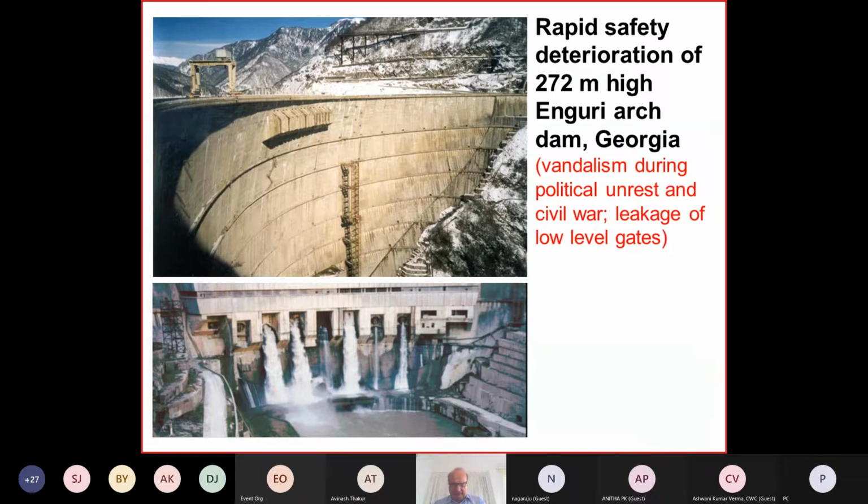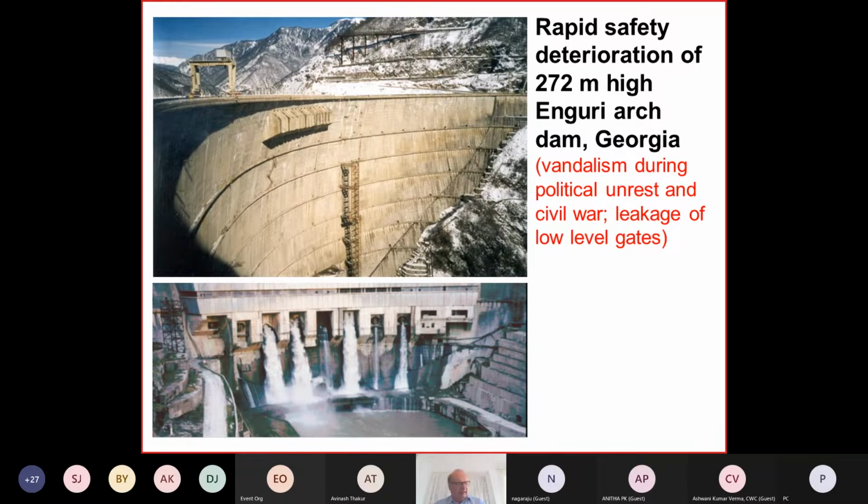You see here at the low-level outlets, we have a lot of leakage. It was about 10 cubic meters per second, which was just released because these gates here were not properly designed. So this dam had to be upgraded.